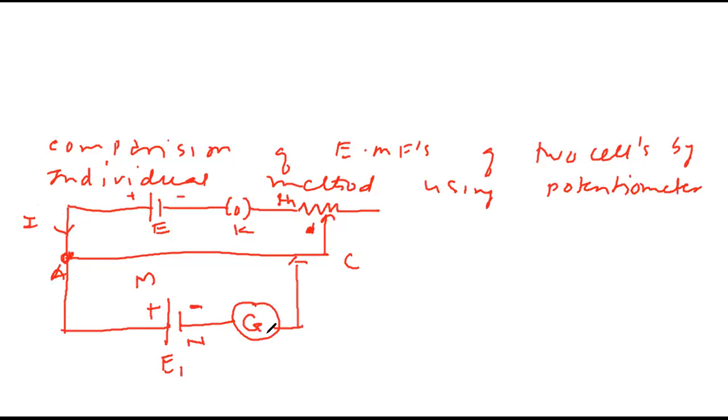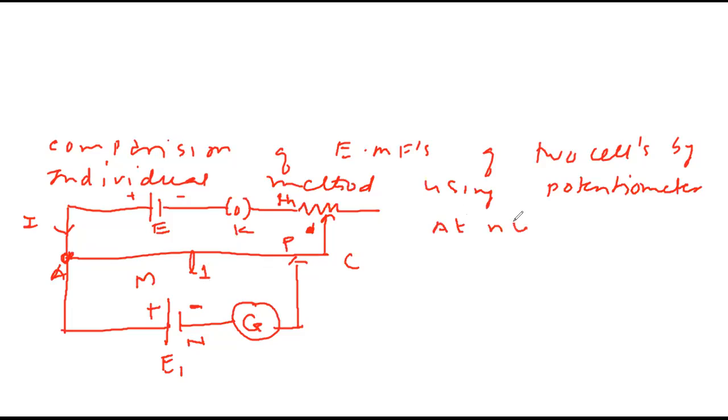Other end of galvanometer is connected to jockey, which can slide on wire AC. By sliding jockey, null point P is obtained. L1 be the distance of null point P from end A.